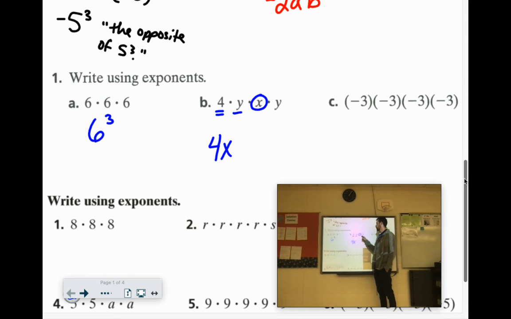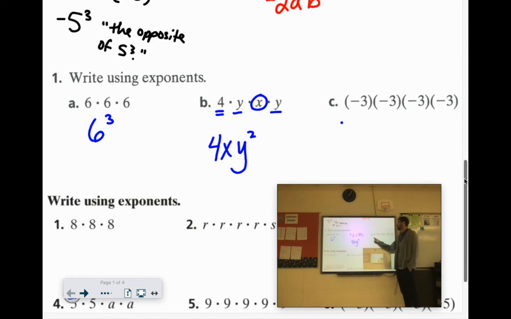And then we have 2 of the y's, so y squared. Remember, there's an invisible 1 on the 4 to the 1st. Same with the x. So that's technically saying 4 to the 1st times x to the 1st times y to the 2nd. And here these are all negative 3's, and there's 4 of them. So we'd say negative 3 to the 4th power.